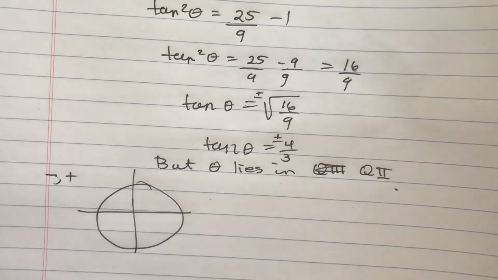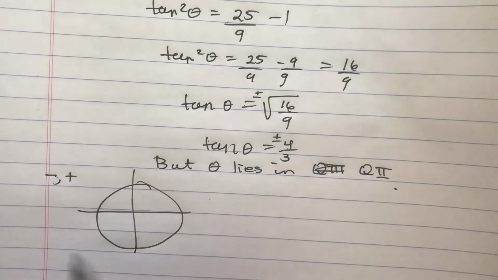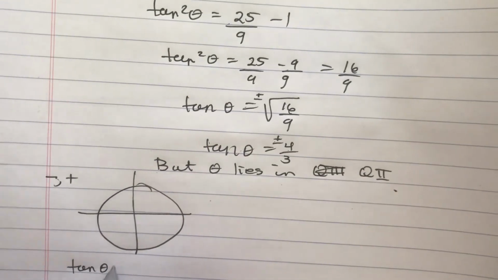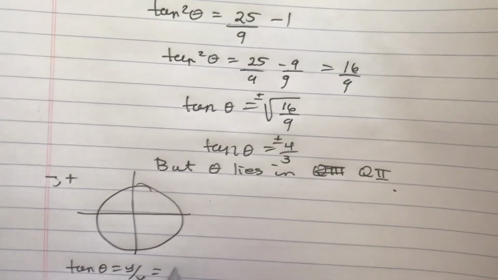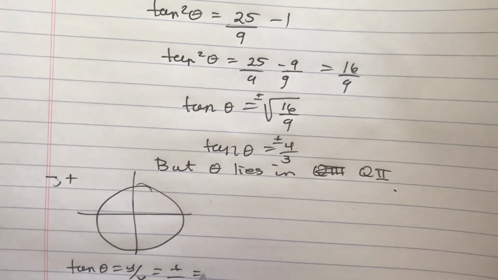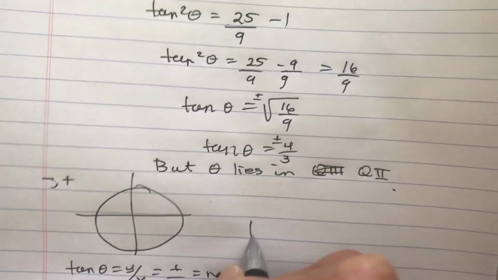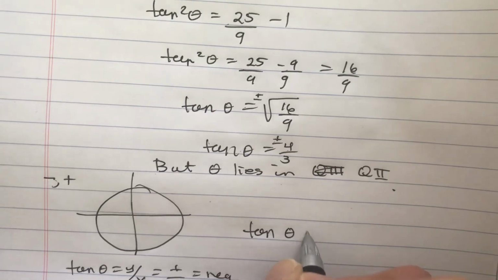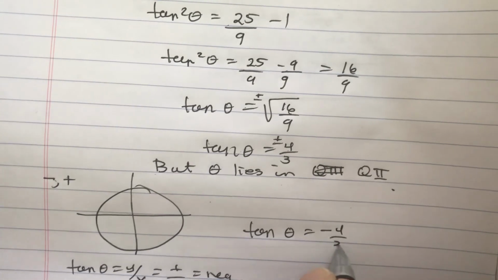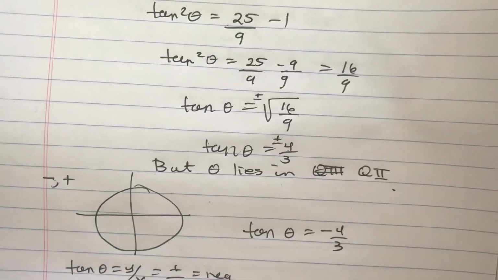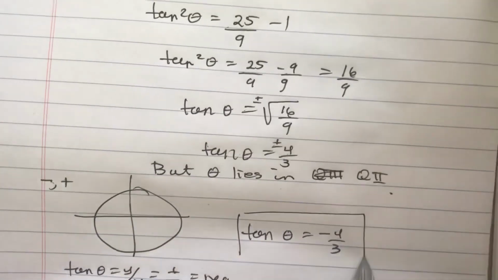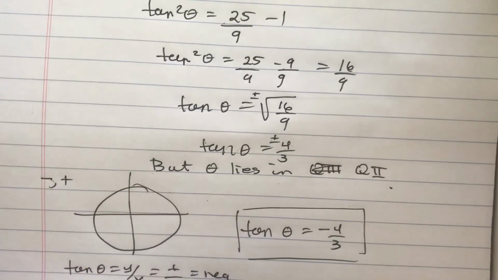In quadrant 2, tangent theta, which is equal to y over x, is a positive divided by a negative, so it's negative. So tangent of theta should equal negative 4/3. So that's our answer. It could be positive or negative, but because of the quadrant it lies in, it's negative.